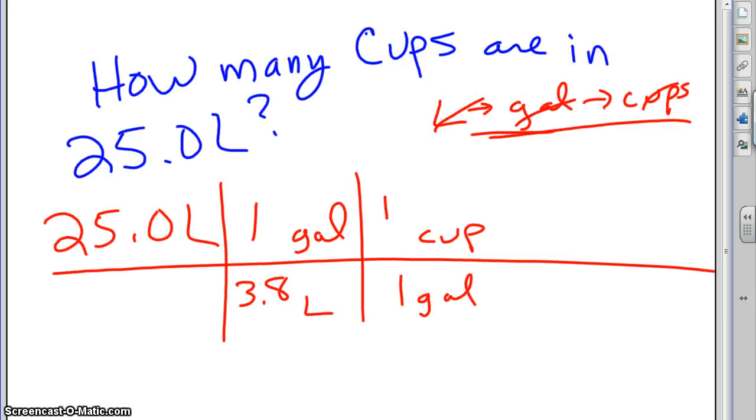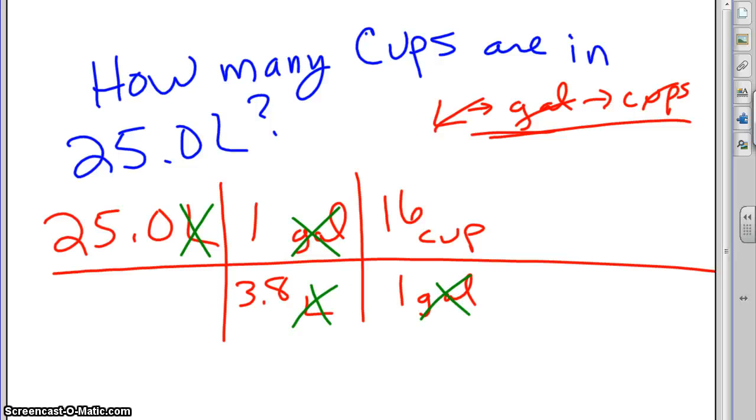1 gallon, and we're left with cups, and gallon, liter, and so we're left with 25 times 1 times 16 divided by 3.8. 25 times 1 times 16 is 400.